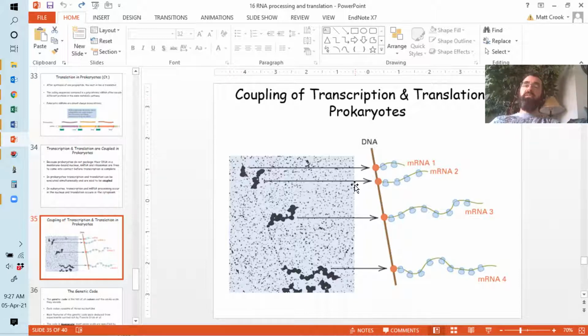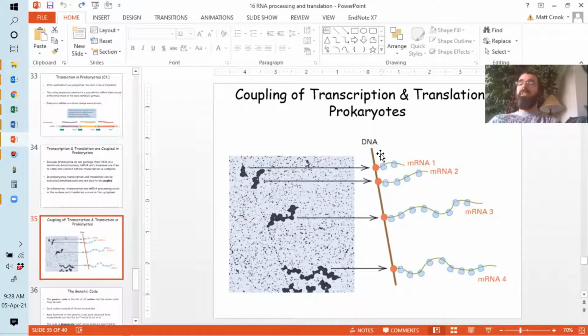So as soon as you start producing the mRNA, as soon as enough of the mRNA has been produced for that Shine-Dalgarno sequence to become available, translation begins, even before that mRNA has finished being transcribed.